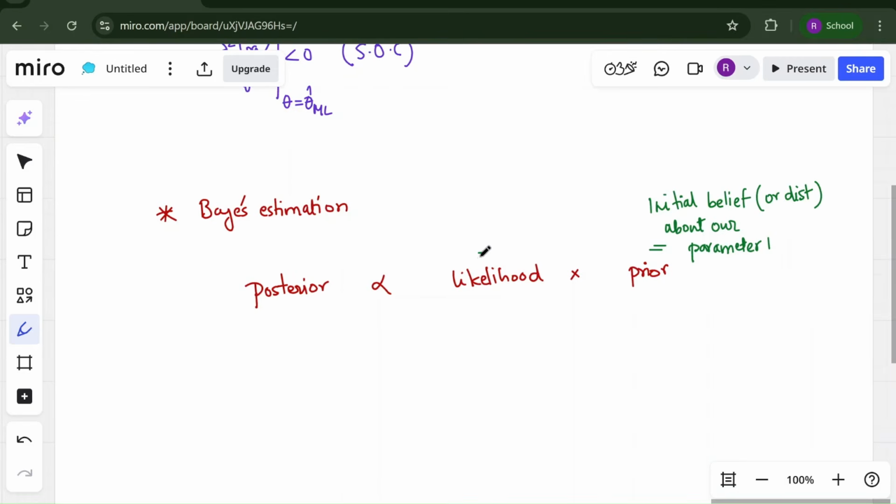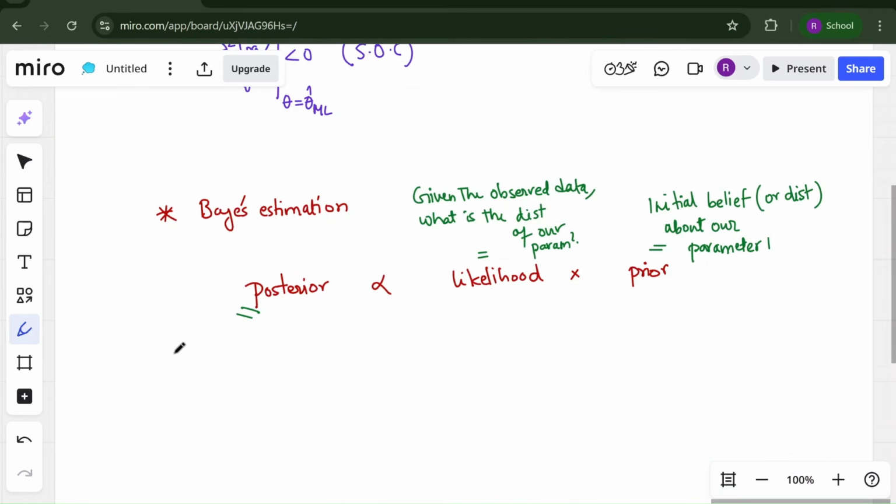What is the likelihood? The likelihood can be thought of as the distribution about the parameter given the data points or given the observations. So given the observed data, what is the distribution of our parameter? That is the likelihood. And what is the posterior?